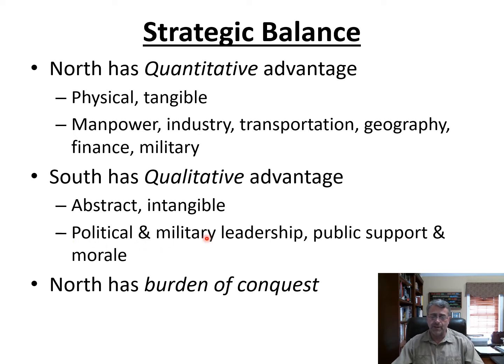We talk about political and military leadership. As the Southern states seceded, some of the best generals and officers in the U.S. Army went back to their home states, which were Southern states, and joined the Confederate Army.